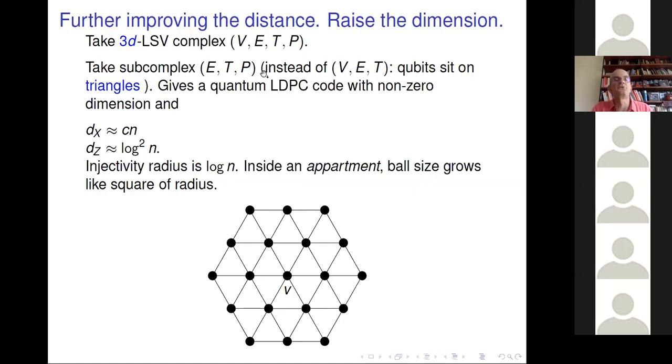From the point of view of the minimum distance, this quantum code will actually be better. It will again have non-zero dimension. It will again, for essentially the same expanding reasons, have an x distance which is linear in n, and it will have a slightly better z distance, which will scale like the square of the log of n instead of the log of n.